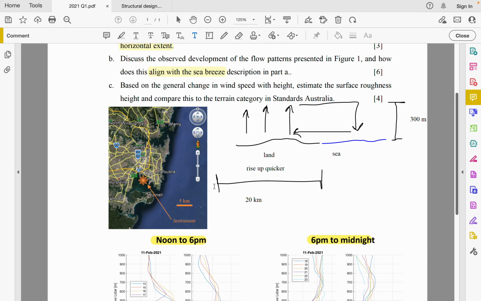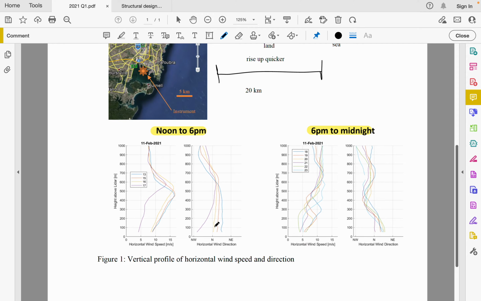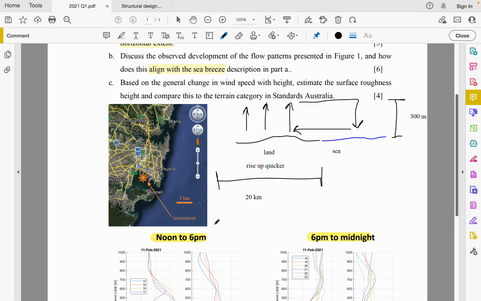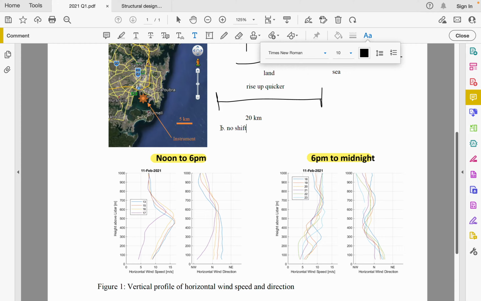So if we observe the figure, the first thing we can see is that from noon to 6 p.m. it is mainly north wind, and 6 p.m. to midnight is still north wind. So there's no shift in the wind direction, or we can say no big shift in wind direction.